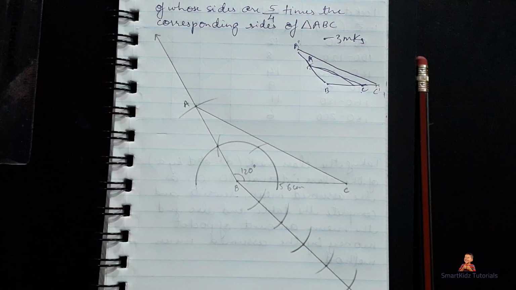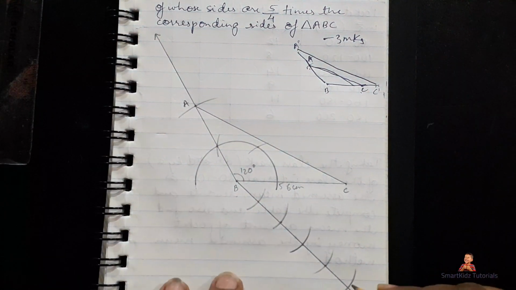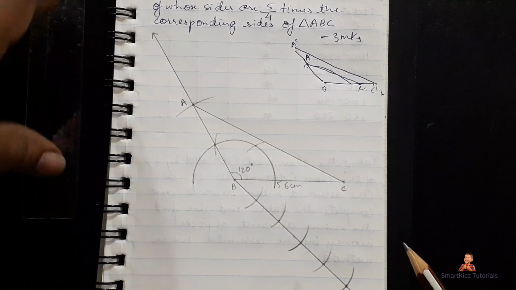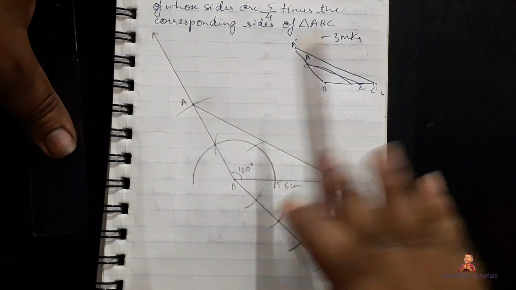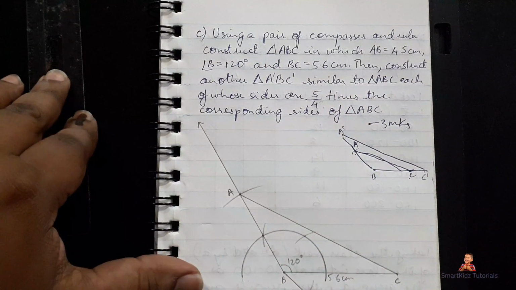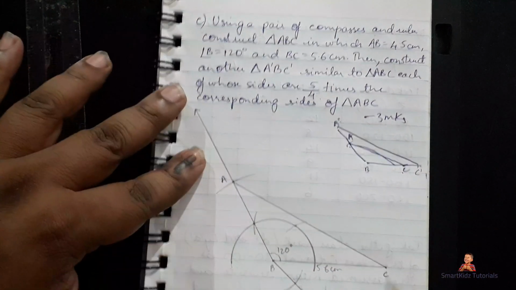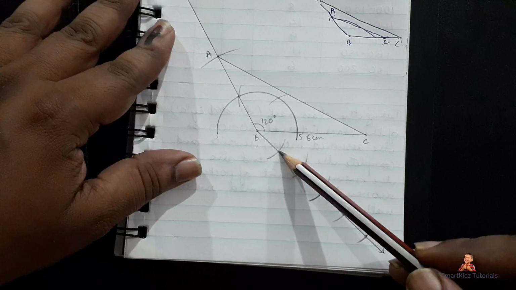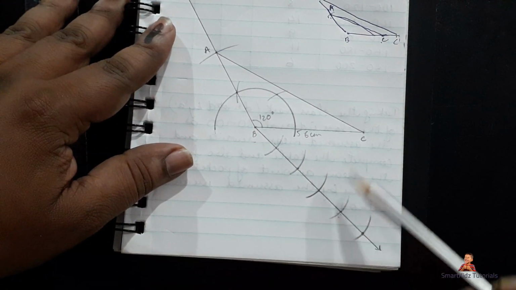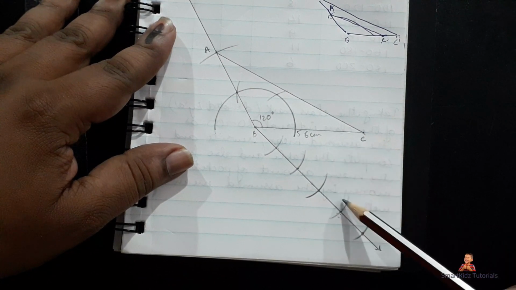Here you go. Okay, so now that we have got 5 of them, what we'll do next is, it says 5 by 4. So 4, 1, 2, 3, sorry, 4, right? So it's 1, 2, 3, 4. This 4th one needs to be joined to C. We'll do that.